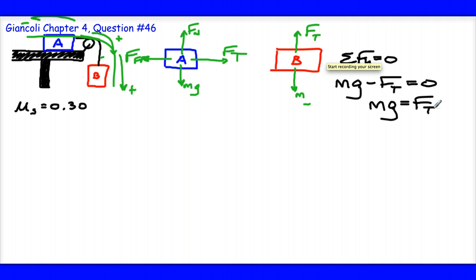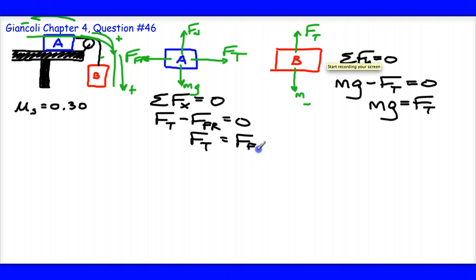Now let's look at box A. The sum of the forces in the x direction is equal to 0, so the tension minus the frictional force is equal to 0. The tension in the cable is equal to the frictional force.